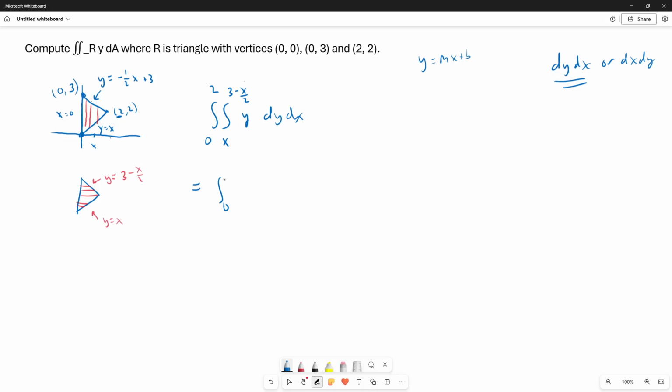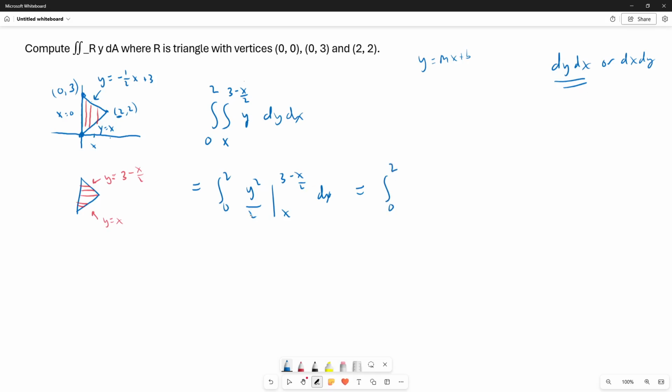And now we integrate. We get y squared over 2, and we have to plug in 3 minus x over 2 and x, and integrate dx. So this is the integral from 0 to 2.